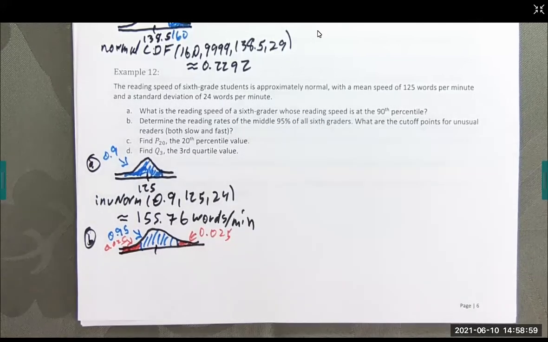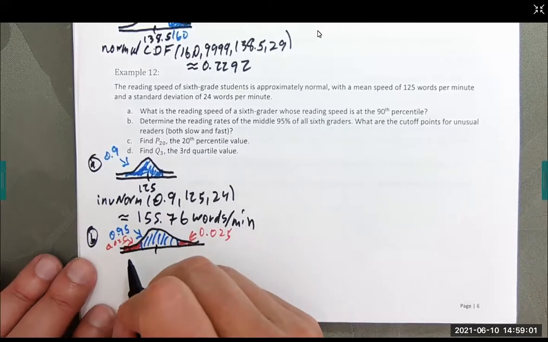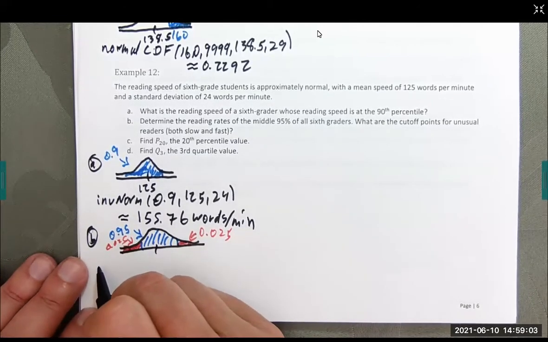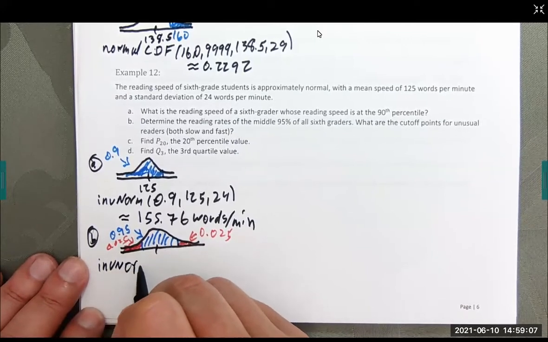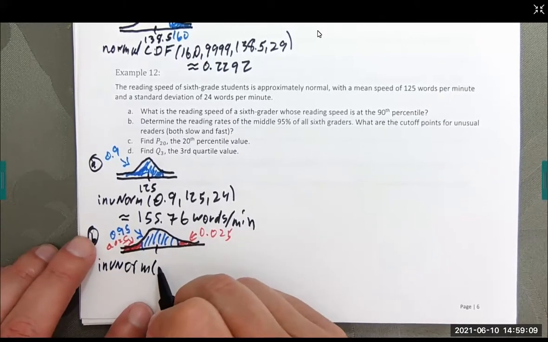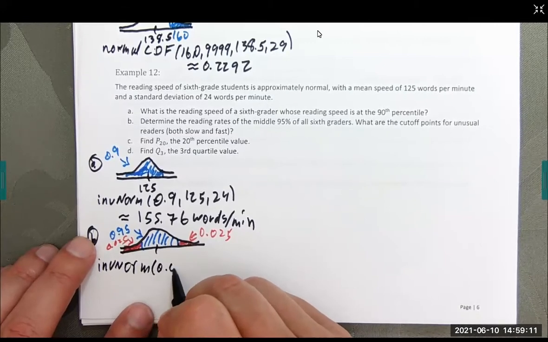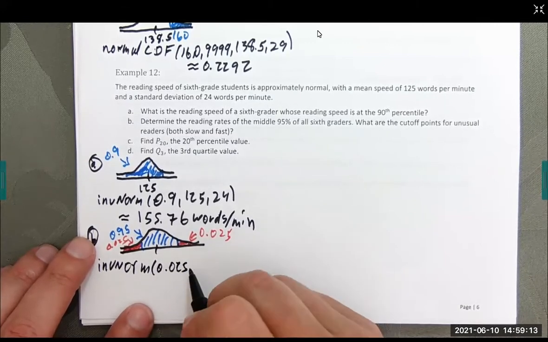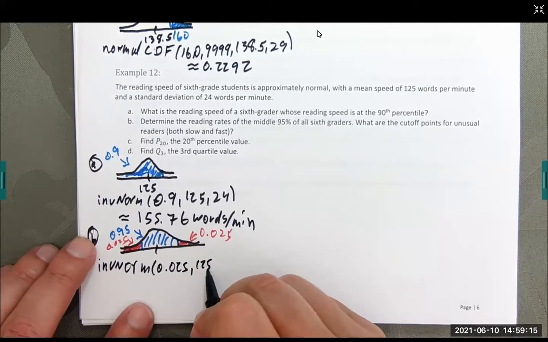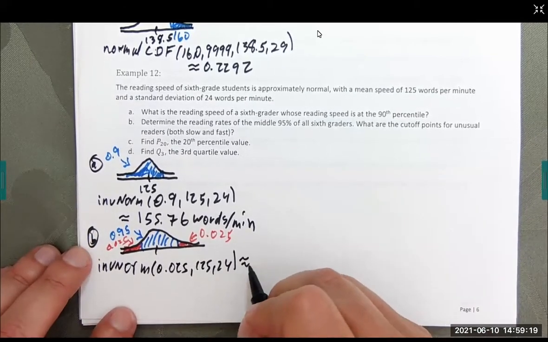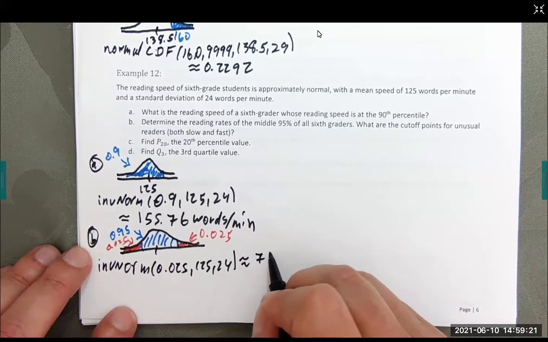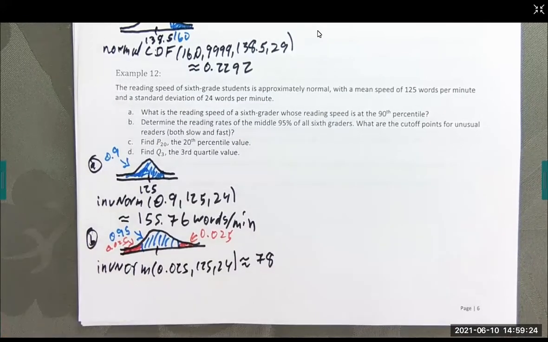So the lower limit is inverse norm of 0.025, comma 125, comma 24, to about 78 words per minute, I'll say. So that's the lower bound.